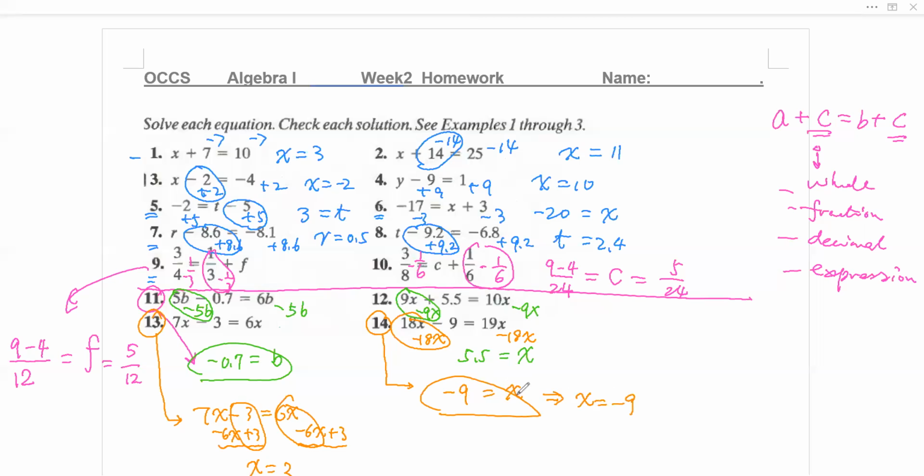So negative 9 equals x. We can switch left and right, so we get x equals negative 9. Just like a equals b, we can switch back, so b equals a. This is just the same, called switch. It doesn't matter which one you put left, which one you put right. But you need to put the whole right part to the left and the whole left part to the right. So this is called switch, doesn't matter, right?